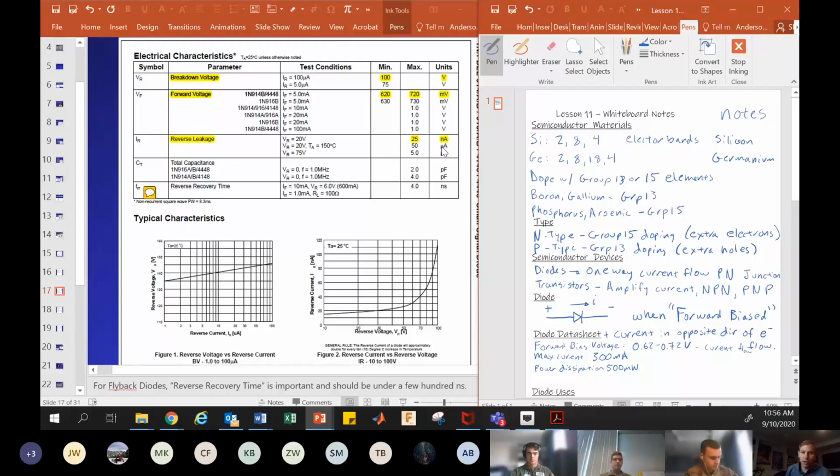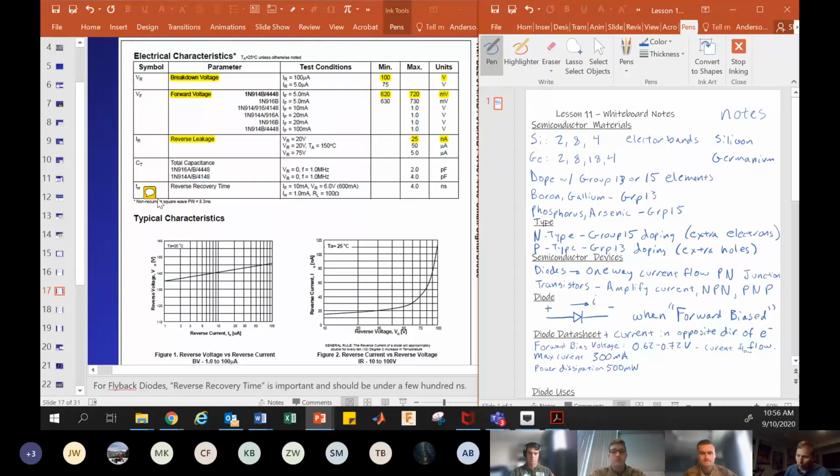Ideally no current flows. In reality, a tiny bit of current does flow. If we up that to 75 volts, you'll get 5 microamps of reverse current. For the stuff we're going to do as mechanical engineers, that's probably not important, but it could matter if you're doing something that's very sensitive.